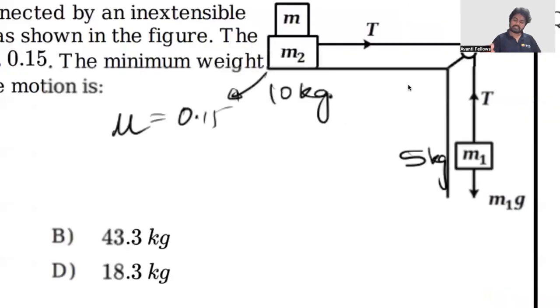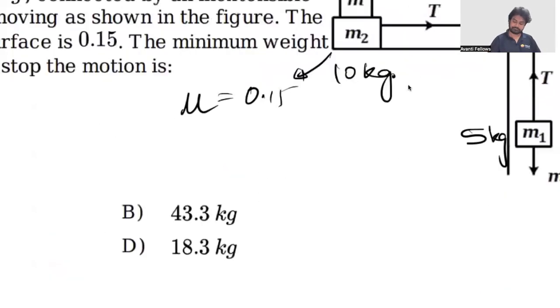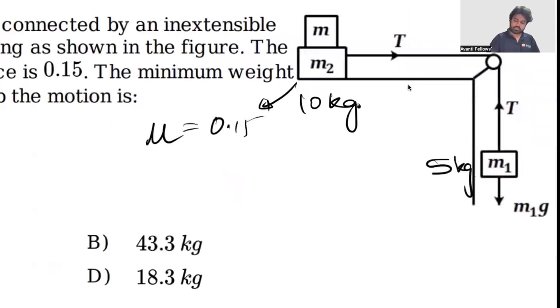So first of all, let's see how many forces are acting. This is M1g downside, and upside is T. If it is in equilibrium, that means T is equal to M1g. Now, how much will be the force acting on these two boxes by friction?